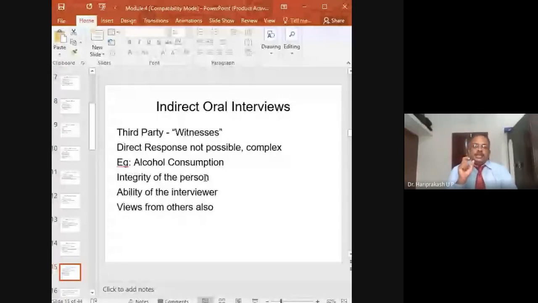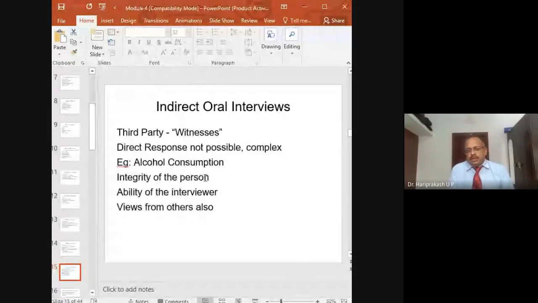That means he should not disclose this matter to other people. If he knows about consumption habit, alcohol consumption, he should not go on publicizing that to other people, right? So that's why the integrity of the person is important.